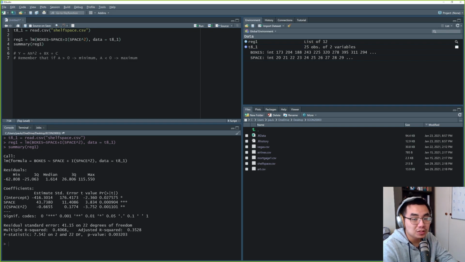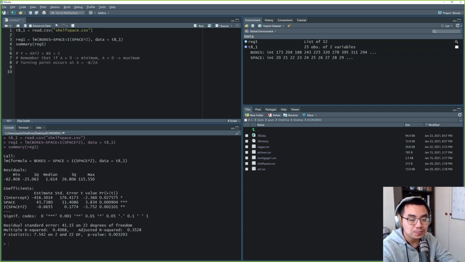I think you guys should be quite familiar with that idea, all right? And the other thing I want to mention is that the turning point, of course, will occur at x is equal to minus b over 2a. Okay, so I think that's something you might have learned a few years ago in high school. So you can use these points. They might sometimes be useful to just remember and keep in mind.